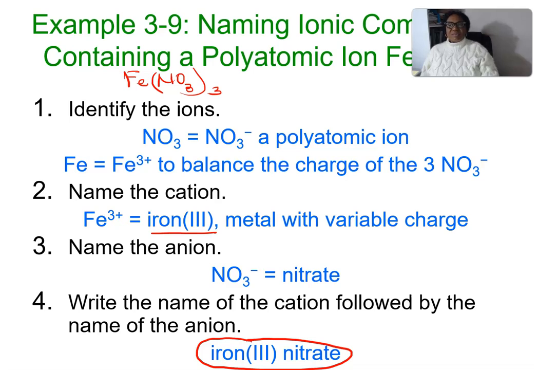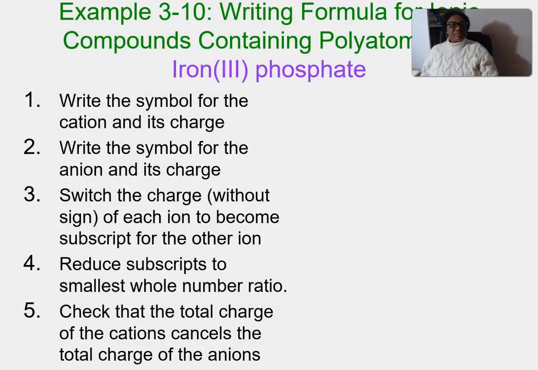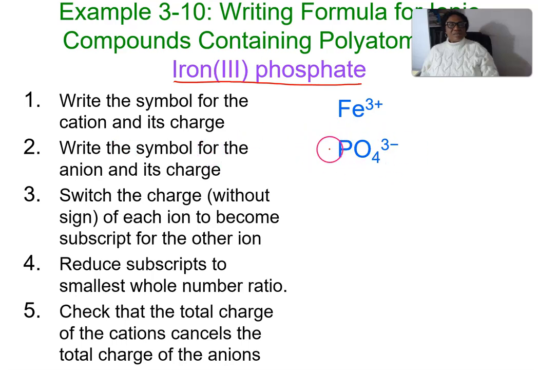Let's see how we can write the formula of ionic compounds from the name. So we want to use iron 3 phosphate as our example. So write the symbol of the cation and its charge. You see the cation first, iron 3. So its symbol will be, that's the symbol. Write the symbol of the anion and its charge. That's the anion and its charge. Switch the numbers without signs of each ion to become the subscript for the other.